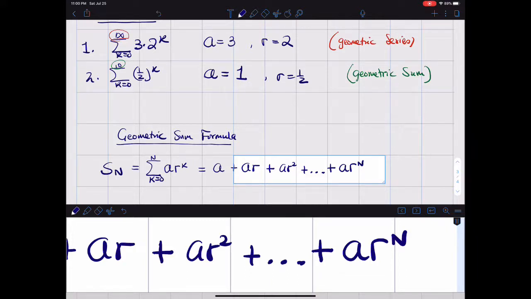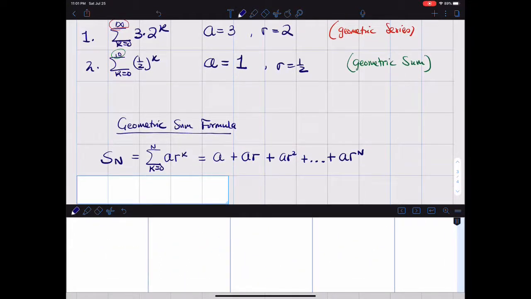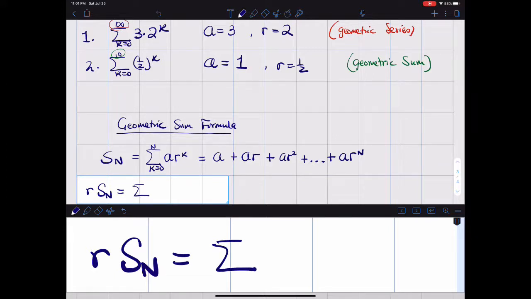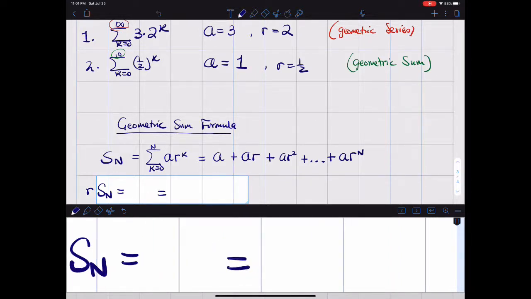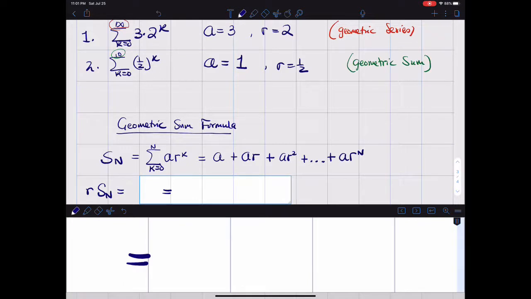So now let's assume we multiply our summation by r. Let's not worry about writing the series. This will just mean multiplying each of these terms by r.